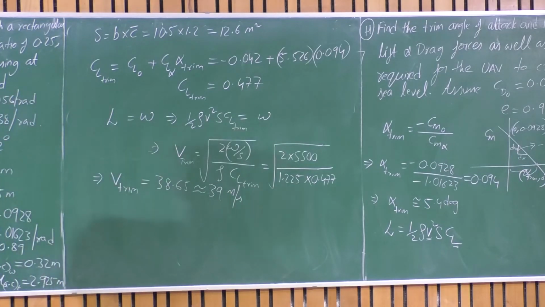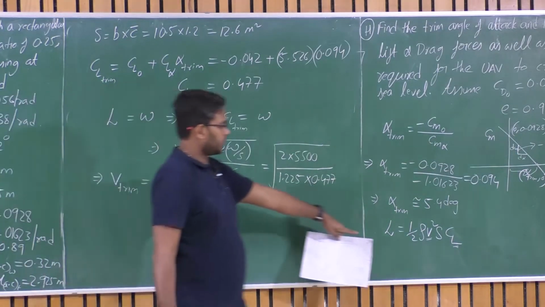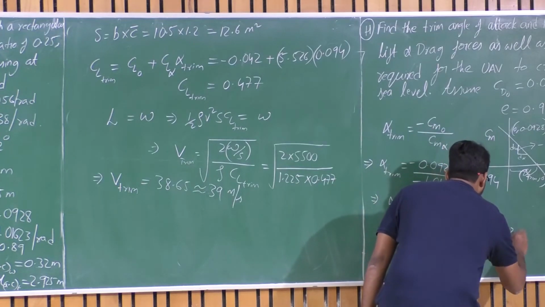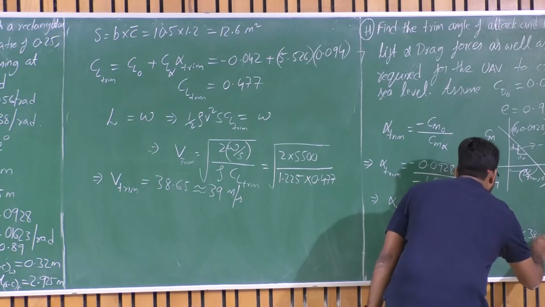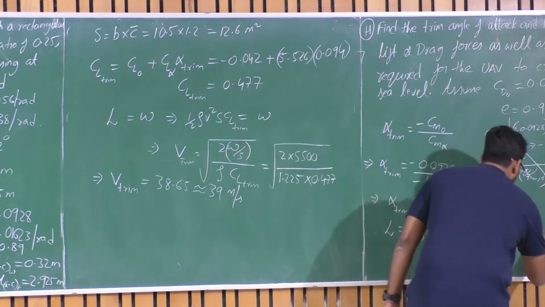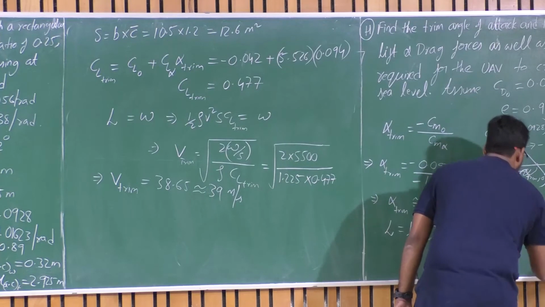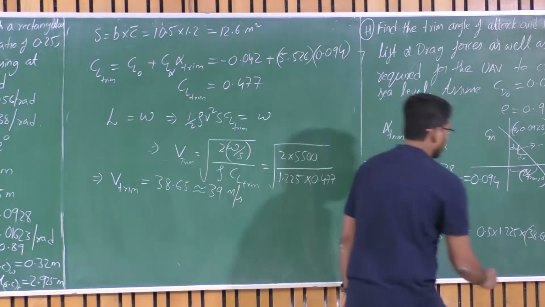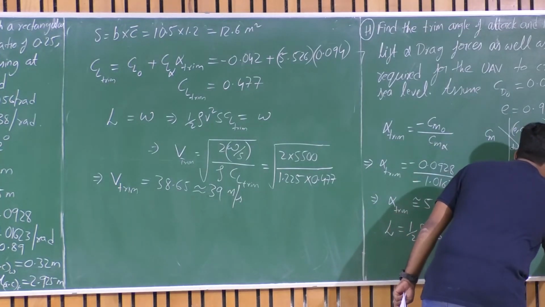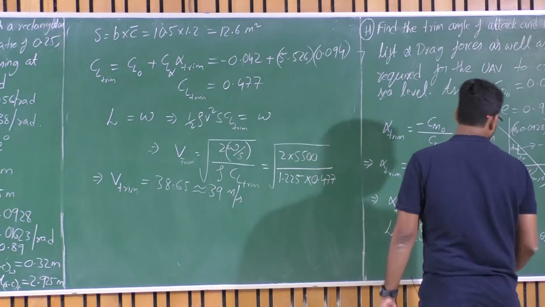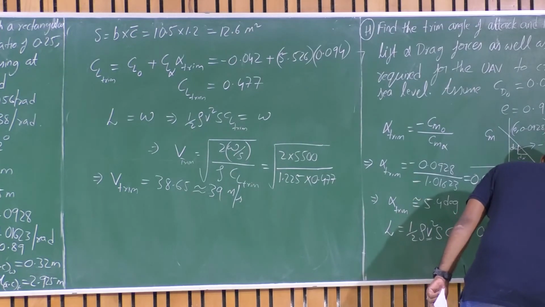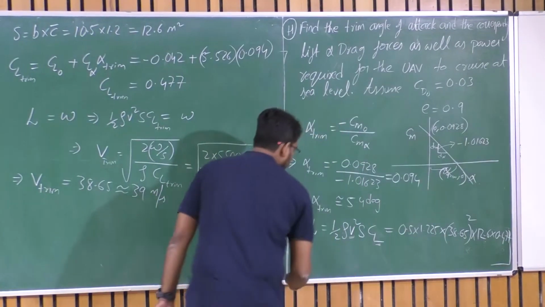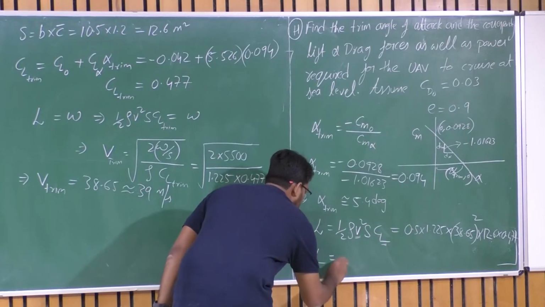Close to 39. So if you substitute V trim in this particular equation, what I have is half 1.225 times 38.65 square. Okay, half rho V square times the area, which we just calculated, 12.6, times 0.477. What is the value? What should the lift force be?